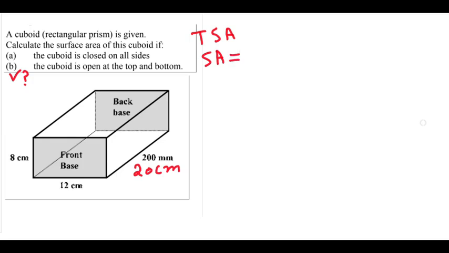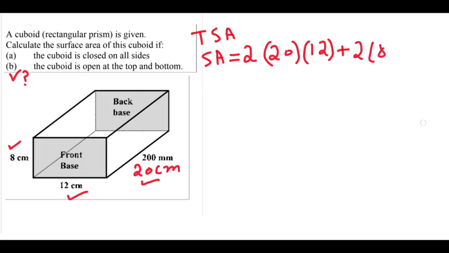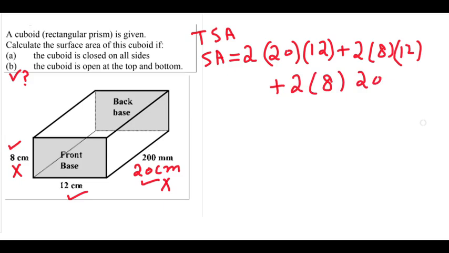Surface area is equal to 2 front and back, so 2 times 20 multiply 12, plus 2 top and bottom, so 2 multiply 8 multiply 12, plus 2 left and right, which uses 8 and 20, so 8 multiply 20.